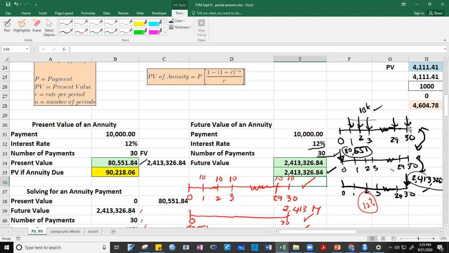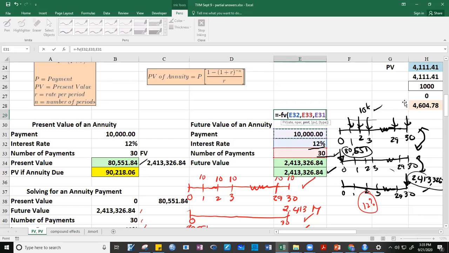Itong annuity na to, i-convert natin sa future value. Sige. Is equal to negative FV. Okay. Ang rate natin 12%. NPER is 30, PMT 10,000. Okay? So ang ginagawa natin ngayon, kino-convert natin yung annuity na tig-10,000 for the next 30 years.